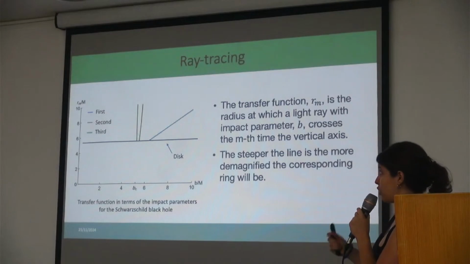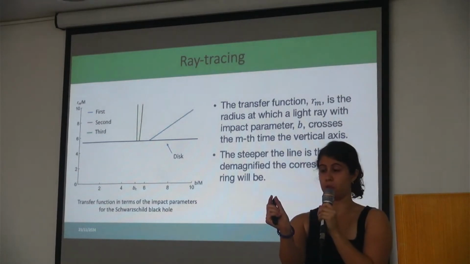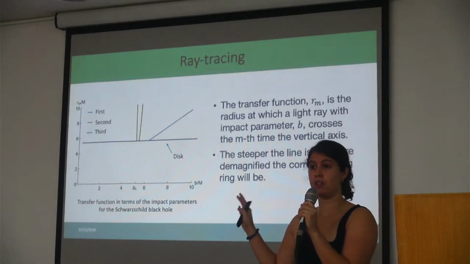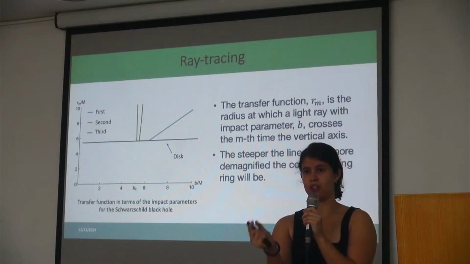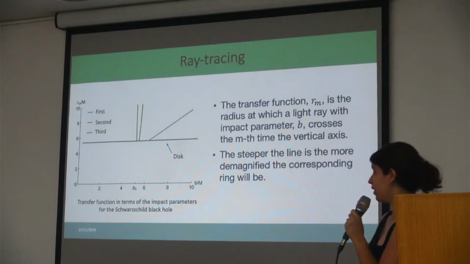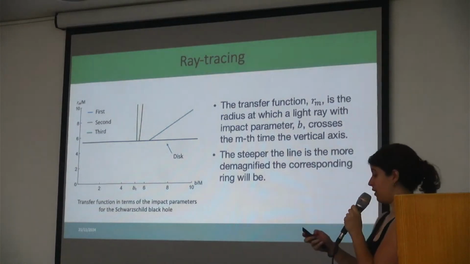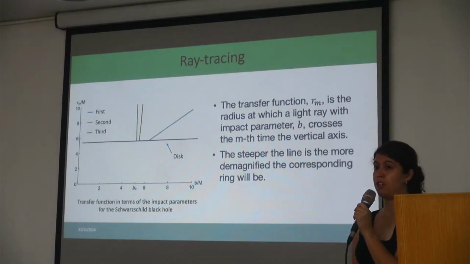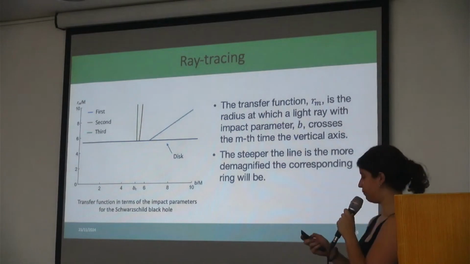Okay. So what this means is that, of course, if this range is very small, this is going to be the diameter of the rings of the optical appearance. So if this is very small, this means that we will barely see it because it's very thin. Okay. And basically what we can also take from this is that the majority of the contribution will come from the direct emission, which is the one with more range of the impact parameter.